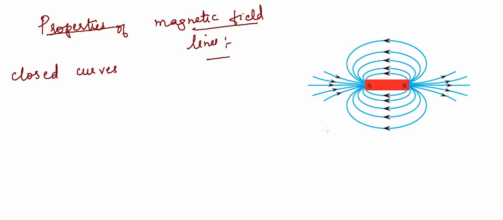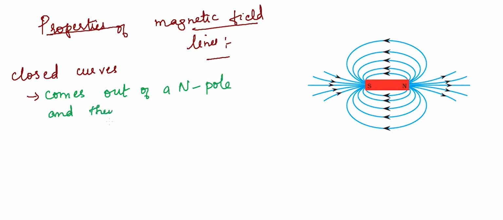These magnetic field lines come out of the North Pole, outside the magnet, and they go inside to the South Pole.